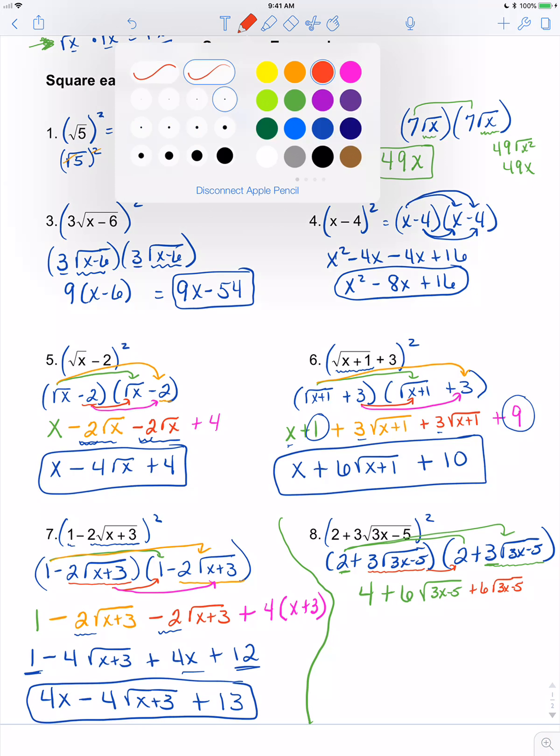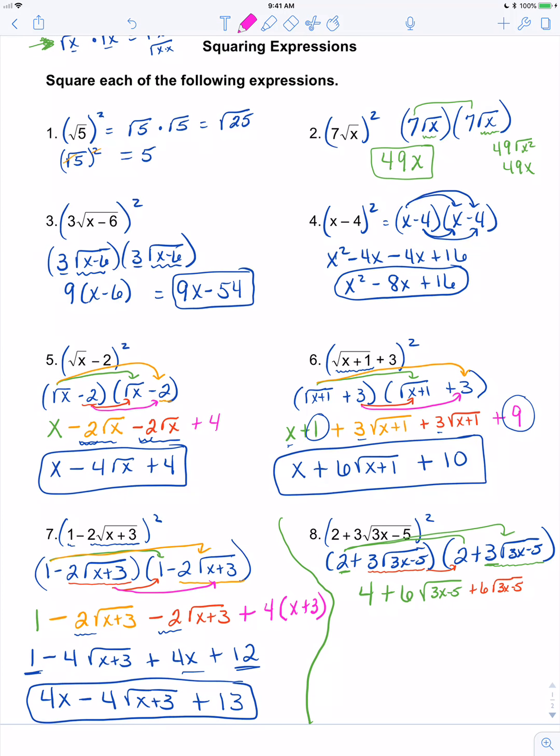And then our last term is the 3 square roots of 3x minus 5 times 3 square roots of 3x minus 5. Well, we have to multiply those whole numbers together. 3 times 3 is 9, and then we're multiplying it by that square root of 3x minus 5 times the square root of 3x minus 5, which is just 3x minus 5.